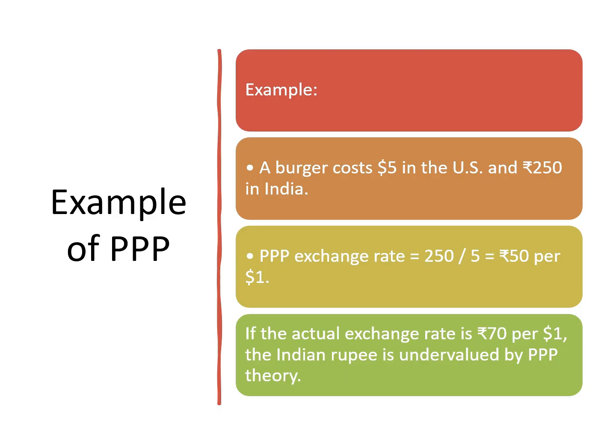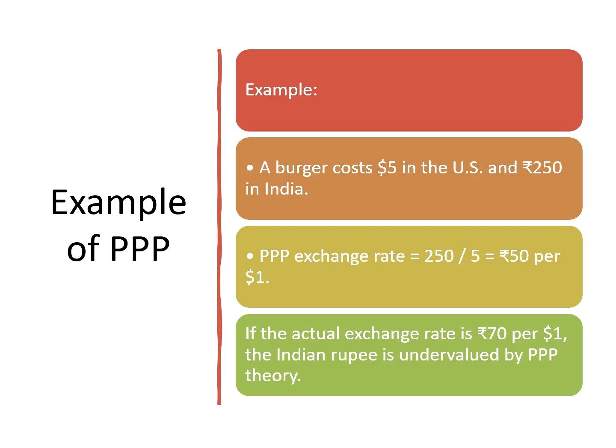Let's say a burger costs $5 in the United States and 250 rupees in India. So if we use the formula, the PPP exchange rate would equal 250, which is for the rupees, divided by $5, equals 50 rupees per $1.